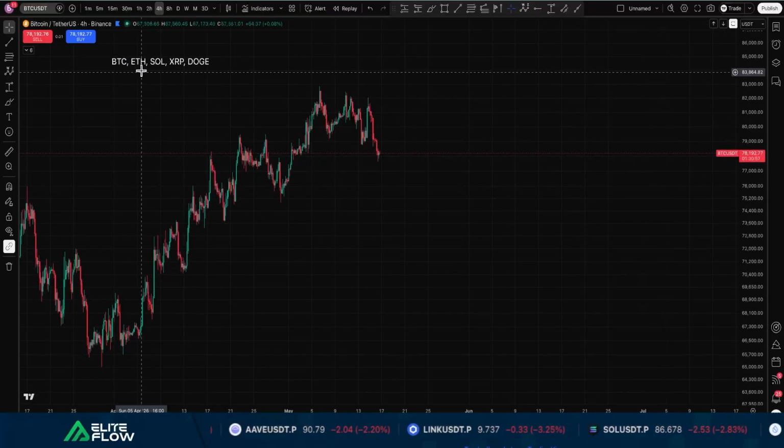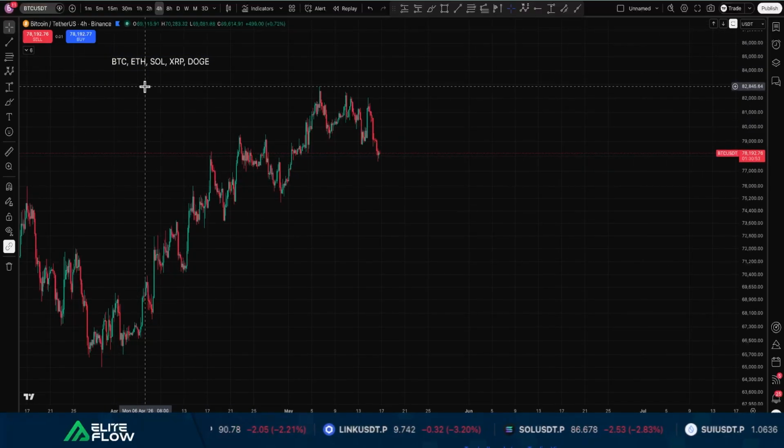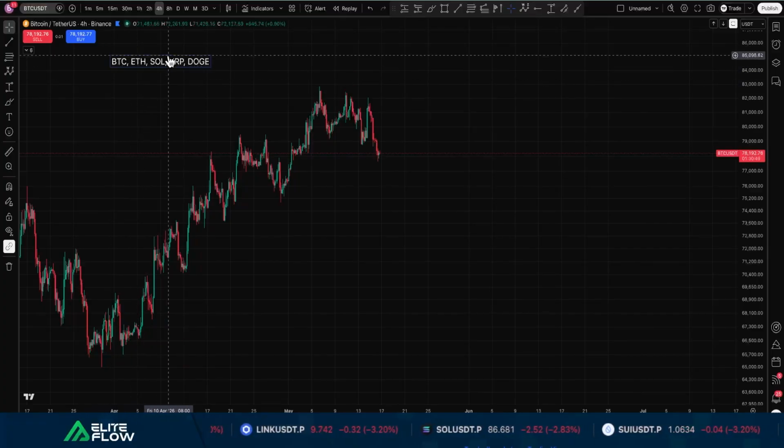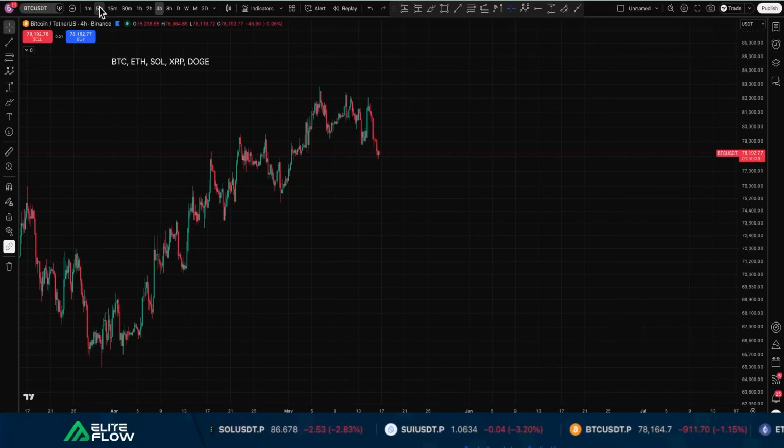Having said that, I mostly move for wallet optimization and account growth on the 1 and 4 hour time frame for these here. The other coins, all of the other ones apart from these, I'm going to be scalping, so 1, 5, 15 minutes time frame, and even 30 maybe, and it's going to be with a lot less capital.